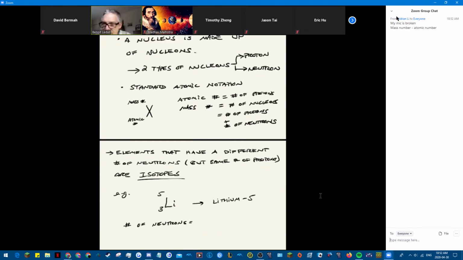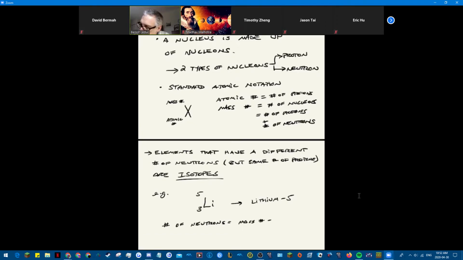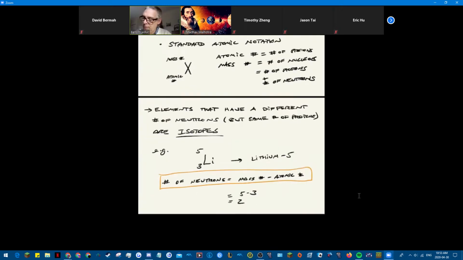Yes, very good. So it's the mass number minus the atomic number. Excellent. So if I want to find the number of neutrons in this one, here it's going to be 5 minus 3, and you have 2 in this particular case.